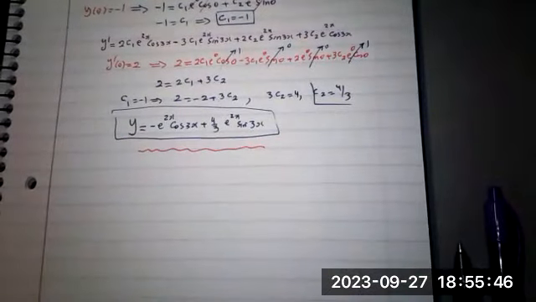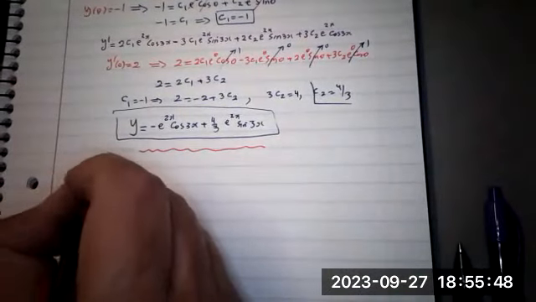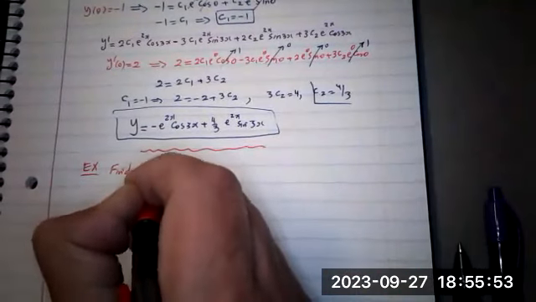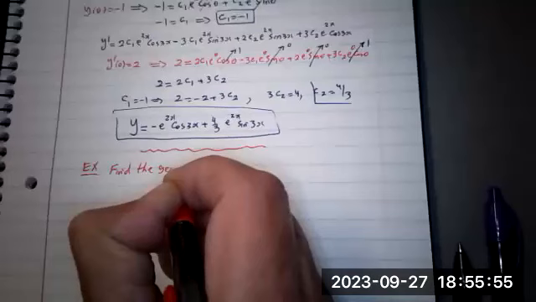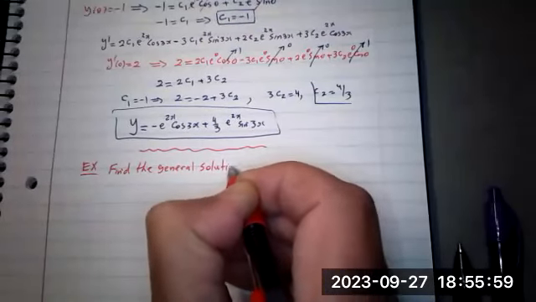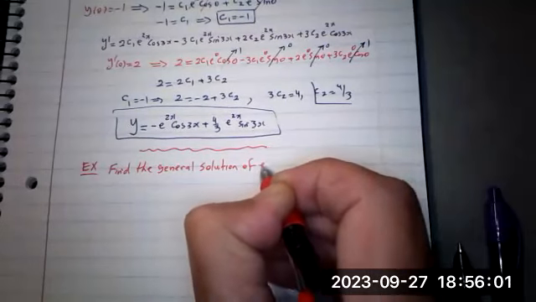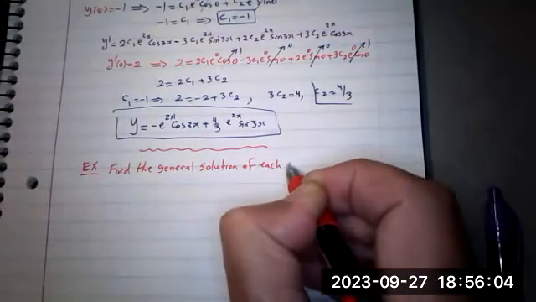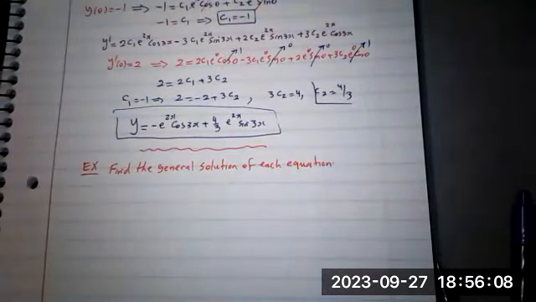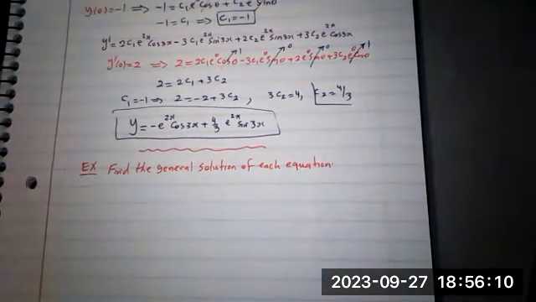This is it. I'm going to change it so that you know they are different. Find the general solution of each equation. Okay, so I'm going to raise the order. It doesn't matter, it's going to be the same thing.